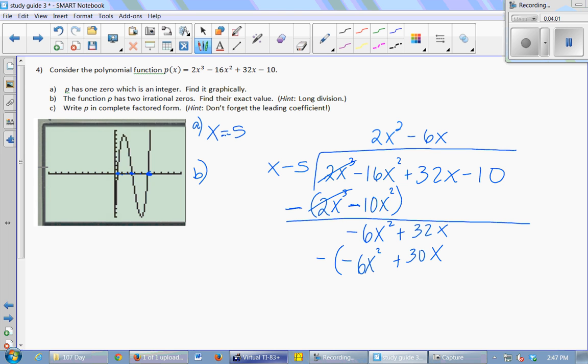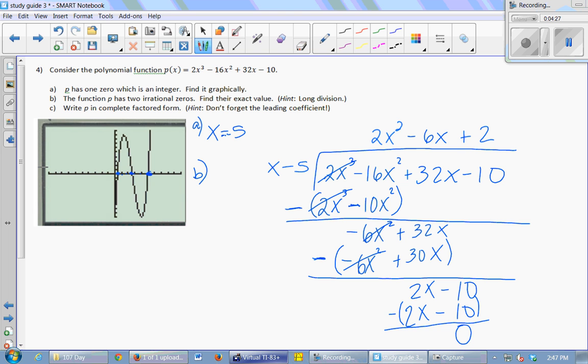And I subtract. The negative 6x squareds go away. Then I have 32x minus 30x, and I get 2x, and bring down the negative 10. What should I multiply x by to make a 2x? A 2. Distribute my 2 to the x minus 5, and I get 2x minus 10. Subtract, and my remainder is 0.